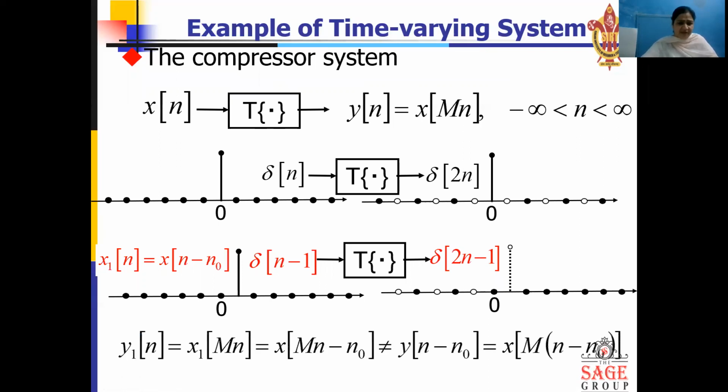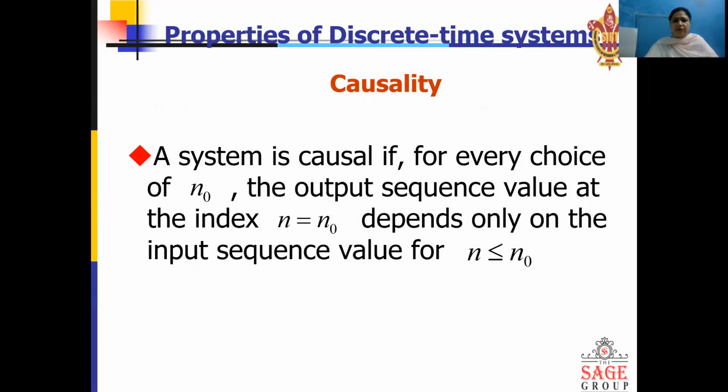Whereas when we shift the output by 1 unit, in that case we will get the output delta[2n minus 2]. So here the time invariance property is not satisfied. So the compressor system which is shown here is not a time invariant system, rather it is a time variant system.